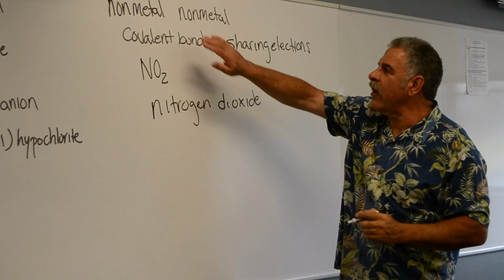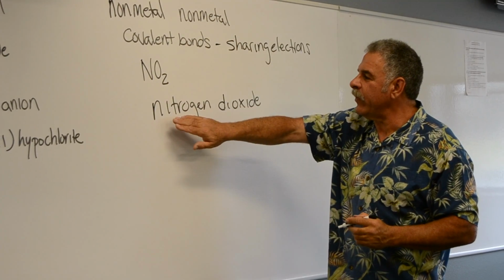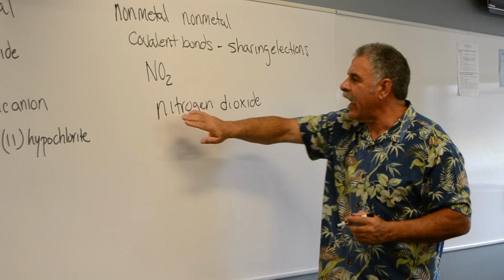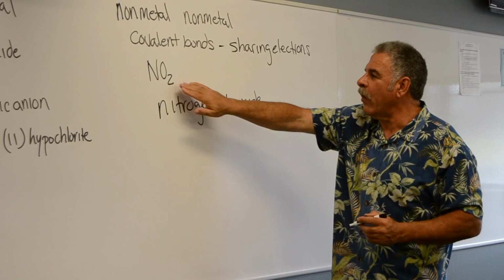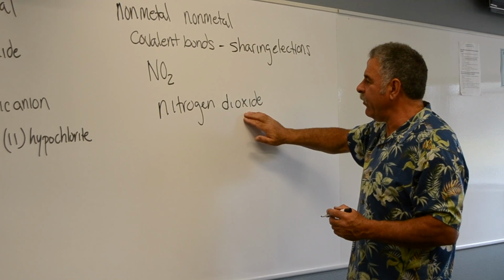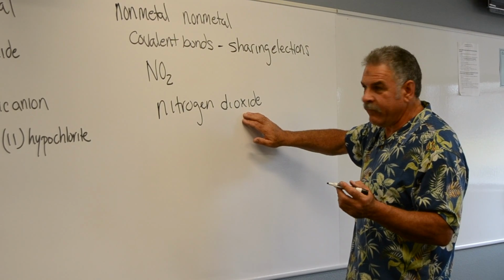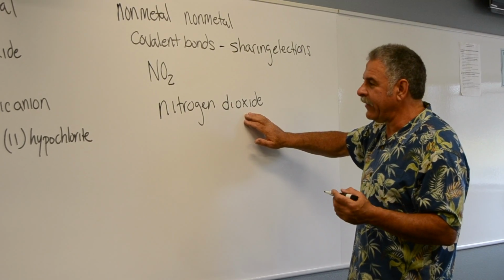So when we're using non-metal bonds, we use nitrogen, the name of the first non-metal, and then if there's more than one of them, we use the prefixes, di, tri, tetra, penta, hexa, like that.